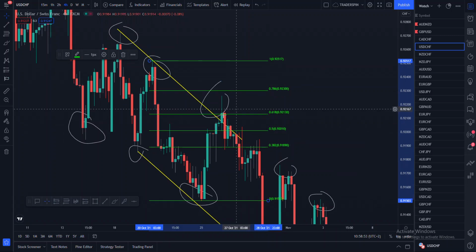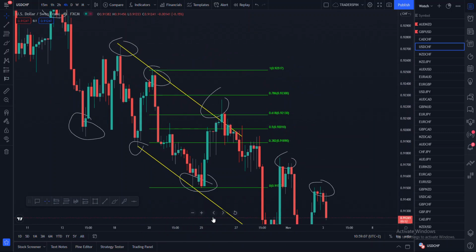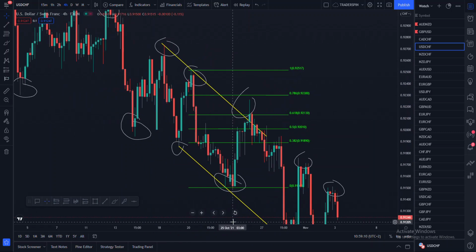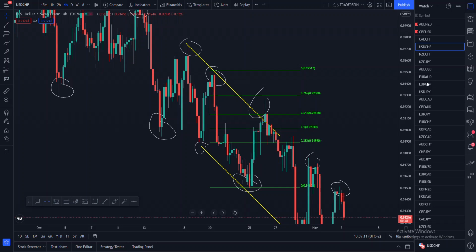In this case, price was actually reversing from 0.618. I hope that is making sense.